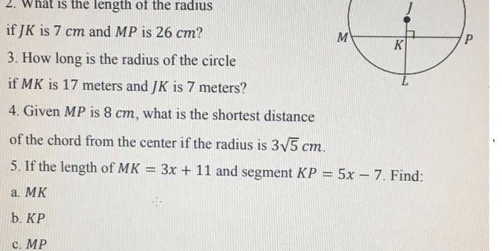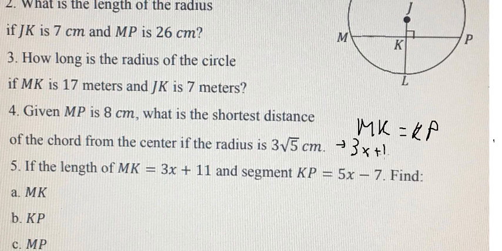Now we go to question number 5. If the length of MK equals 3s plus 11 and segment KB equals 5s minus 7. So we know that MK equals KB. So we have 3s plus 11 equals 5s minus 7.